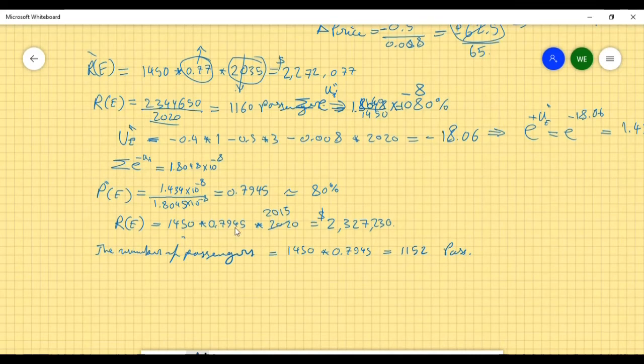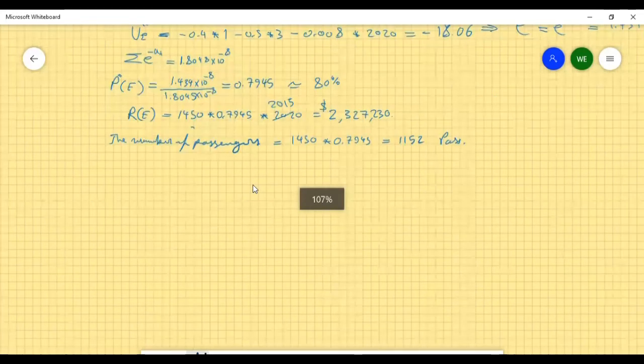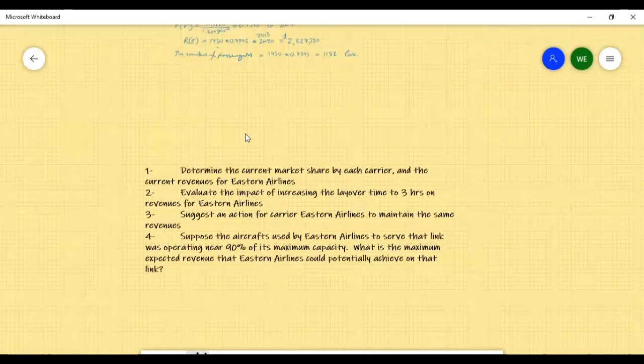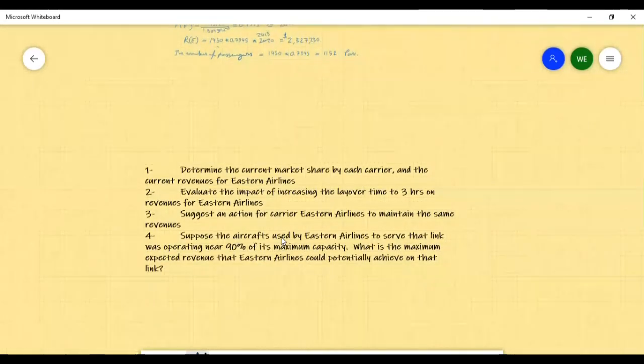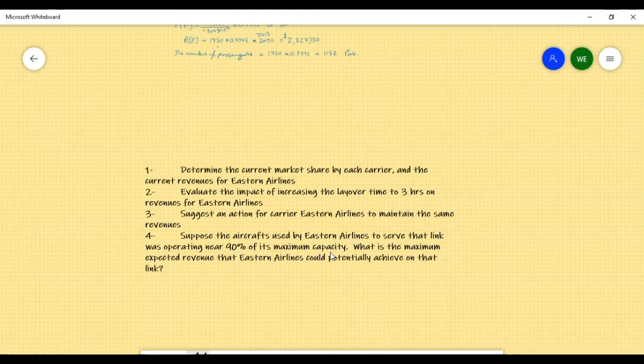Here in the problem it says that suppose the aircraft used by Eastern Airline to serve this link was operating near 90% of its maximum capacity. What is the maximum expected revenue that Eastern Airlines could potentially achieve on that link?